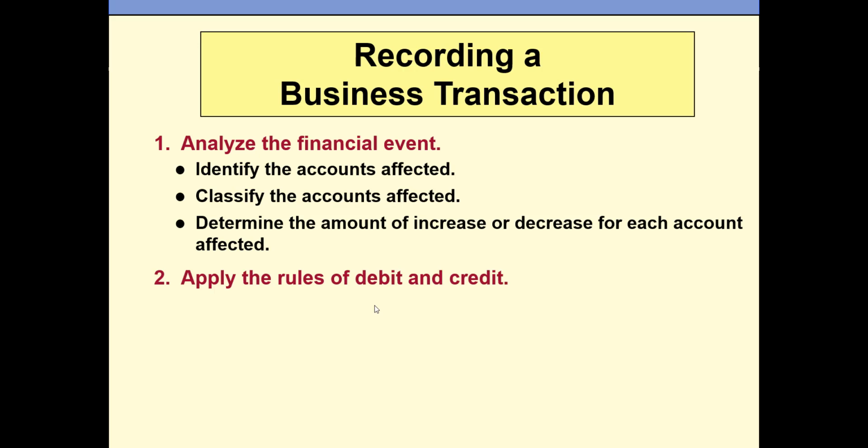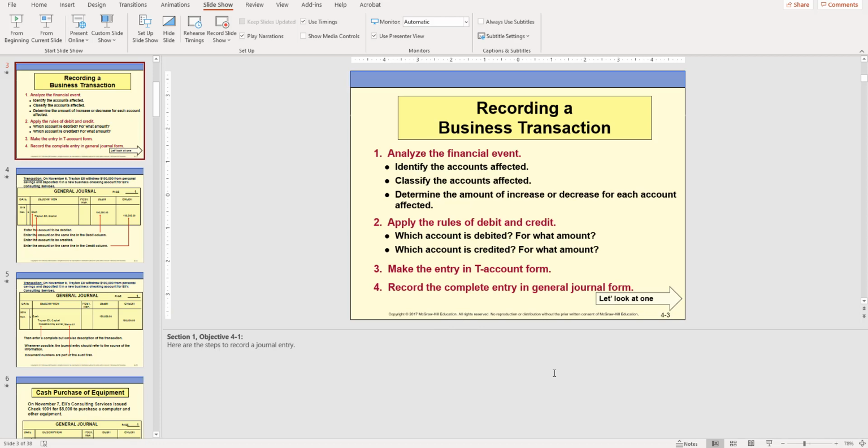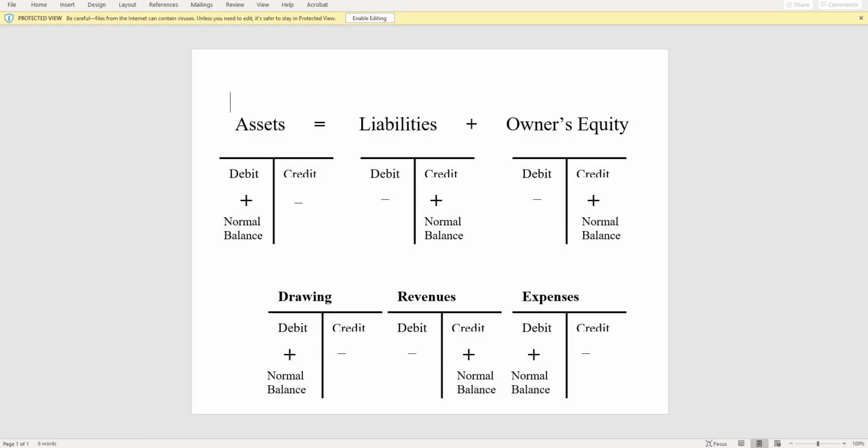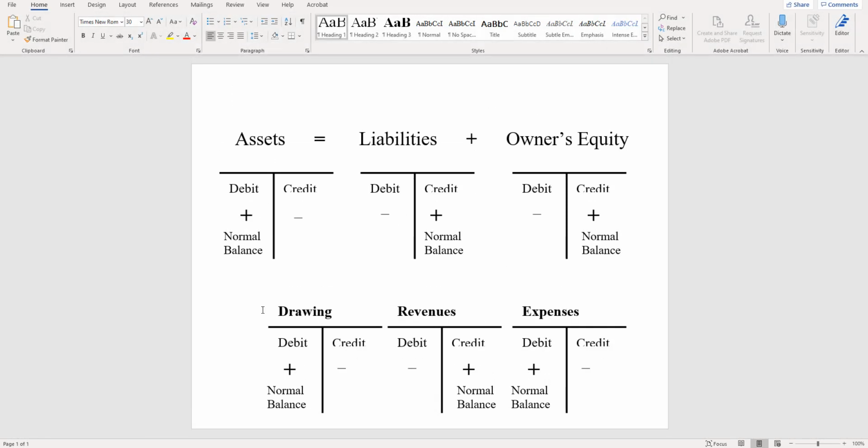Now I'm going to go over to a handout that I had in chapter 2, which is a debit and credit rules handout in case you want to refer back to it. I call it a cheat sheet to use when you're journalizing. It's got the accounting equation up top, and it has each of the different accounts and what their debit and credit rules are.